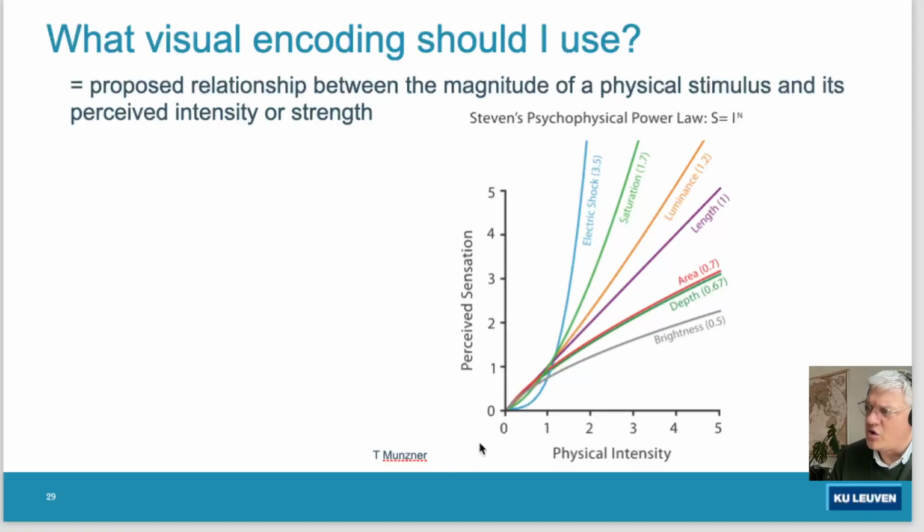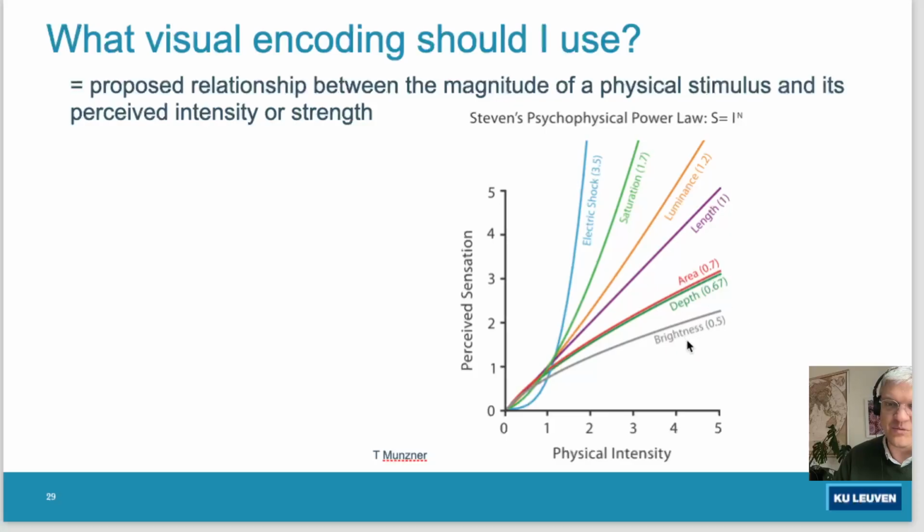Like you see here, length has a value of 1, which basically means that we are pretty good at judging it. If this is 1, then this will be about 2, right? I won't be that far off. So that works quite well because it has a factor of 1.